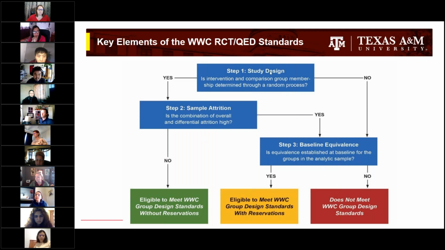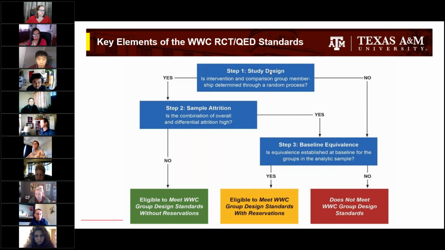So the first step is to determine whether the study used RCT or QED, whether a random process was involved. The second step is sample attrition, the combination of overall and differential attrition being high.